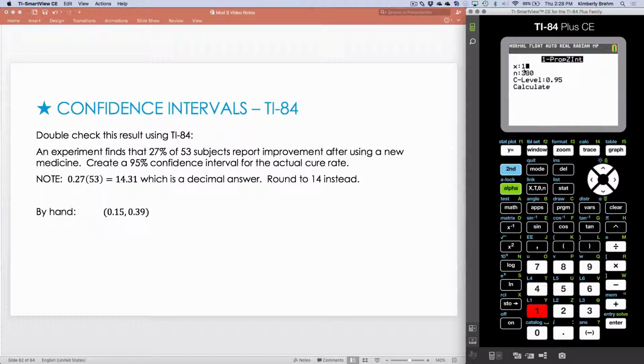So I actually have to put in 14 as a whole number. So in that one, you'll just round to the nearest whole number. And then out of 53. So this is where StatCrunch is a little bit better because it will let you put in a more exact value. My confidence level was 0.95. And when I calculate, I get 0.1455 and 0.3828, and those answers do in fact match up.